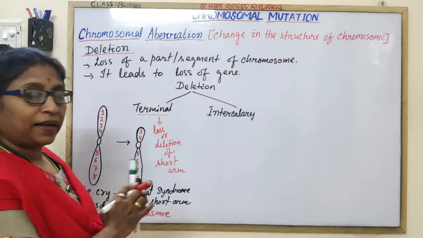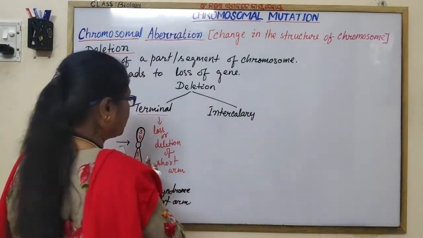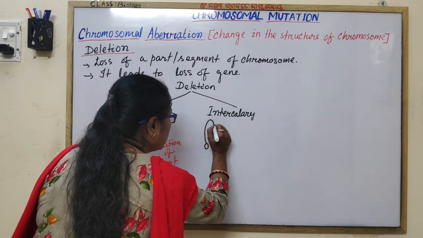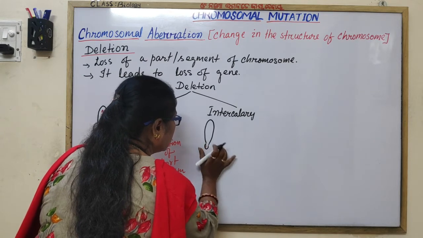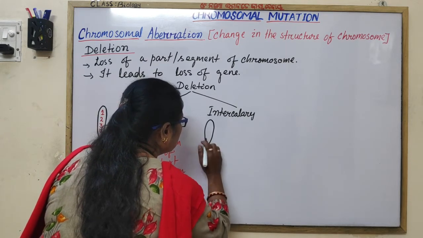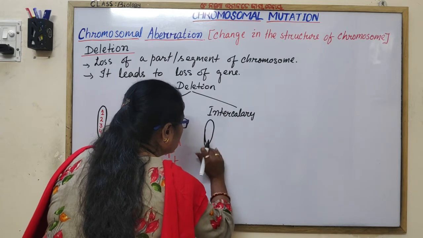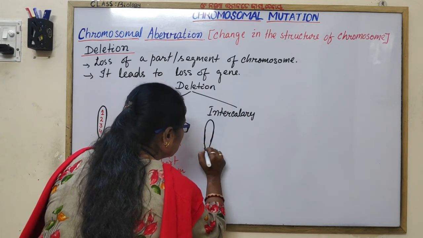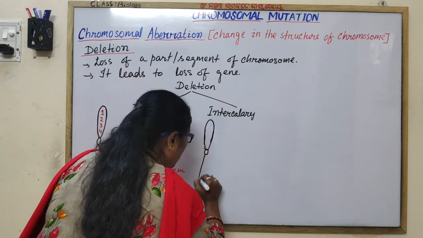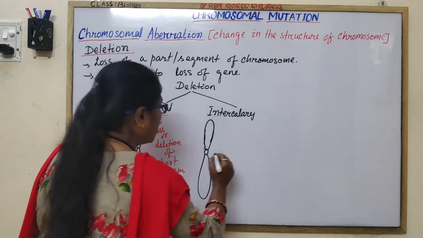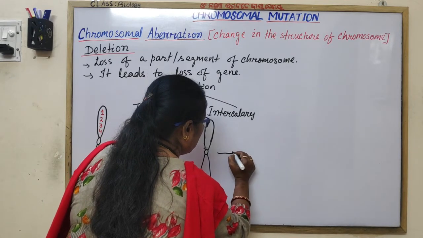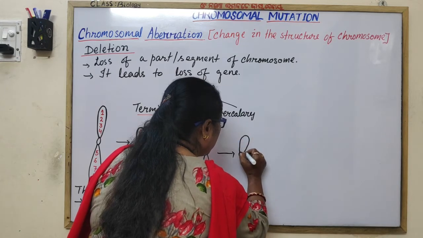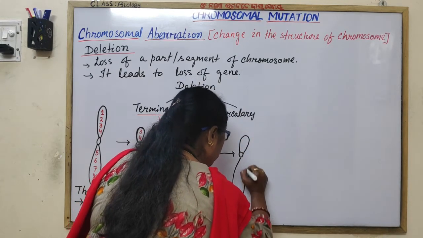Now what is intercalary? Let us say if this is the chromosome, normal chromosome, then how the loss is done, where it is deleted, let us see.